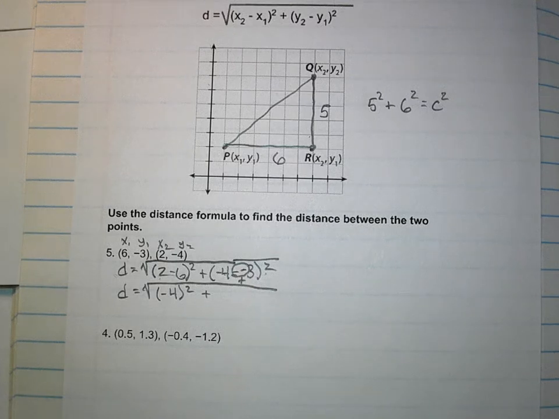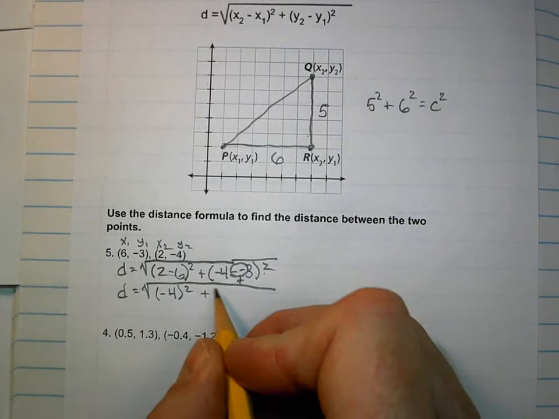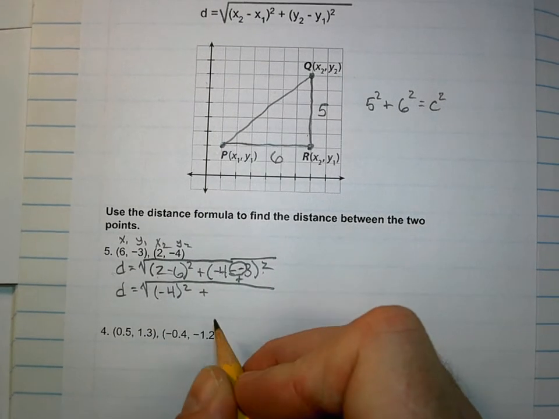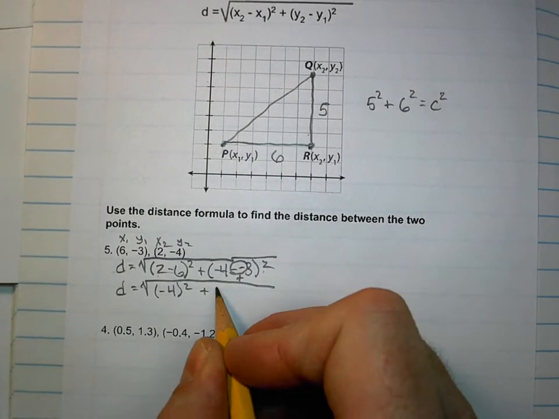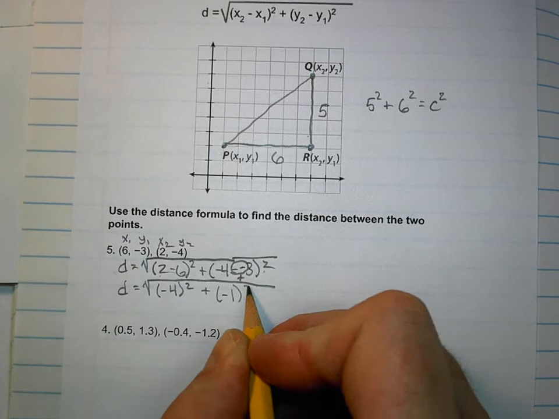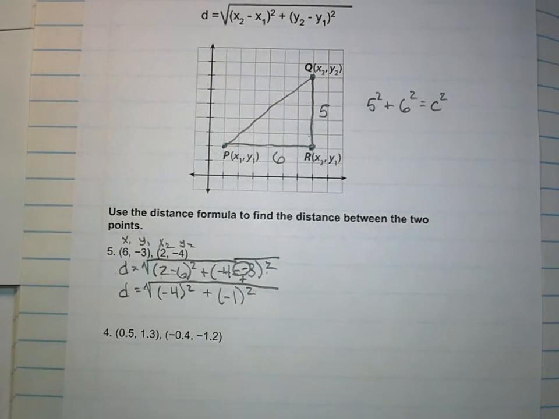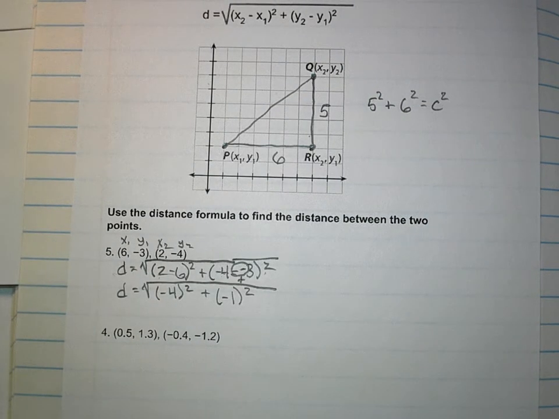It's -1. That was nice. Okay. So what is negative 4 plus 3? Negative 1 squared.